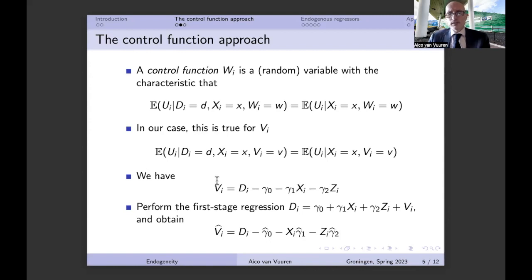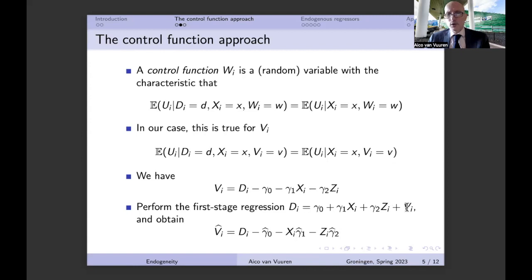But the problem, of course, is not so much that we do not observe di, xi, and zi, but that we do not know gamma 0, gamma 1, and gamma 2. They are unknown coefficients to us. But of course, we can try to estimate these. Gamma 0, gamma 1, and gamma 2 can be estimated by a first stage regression of di on xi and zi.